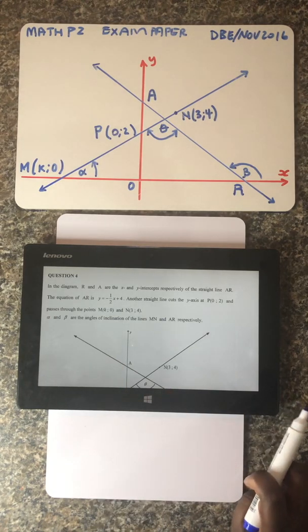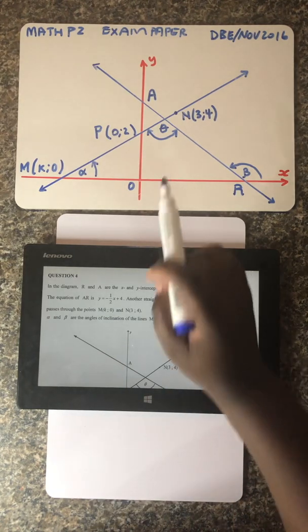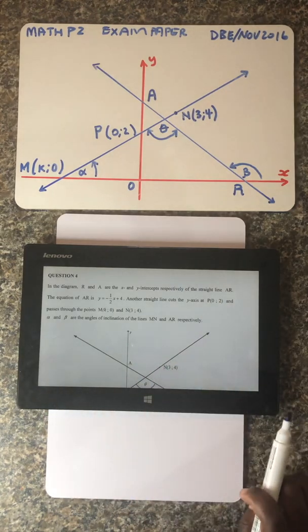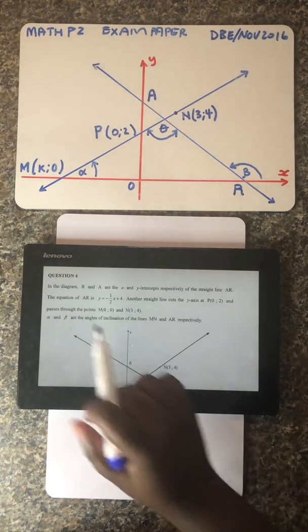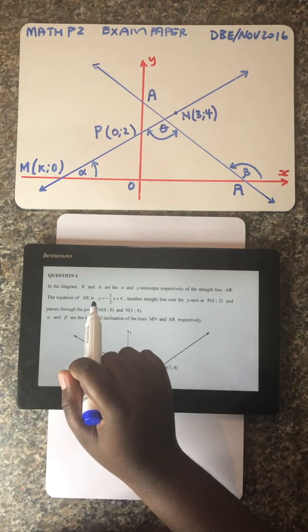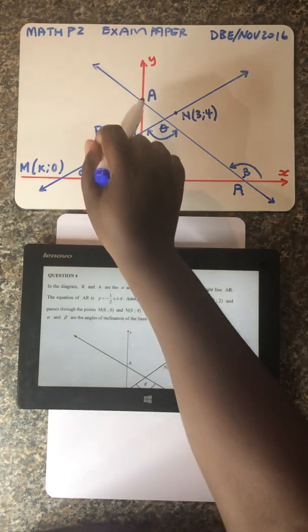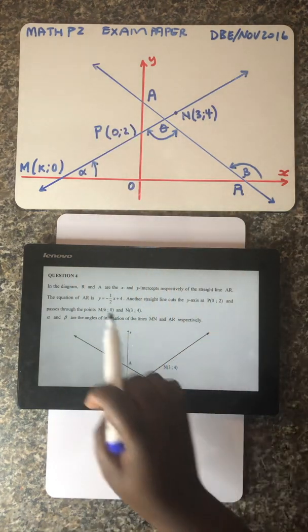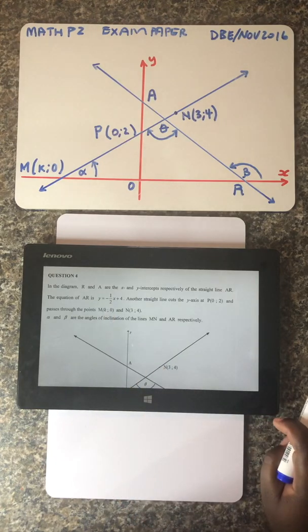So guys, let's quickly refer to the diagram and go through that statement for the last time. The equation of AR, where's AR? This is AR. It is y equals -1/2 x plus 4.